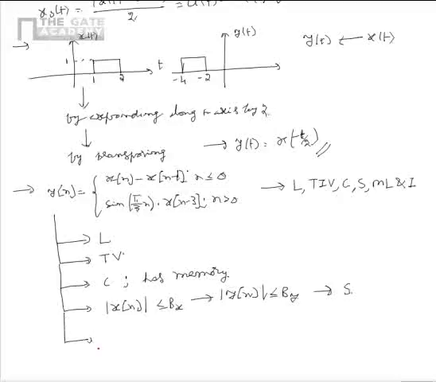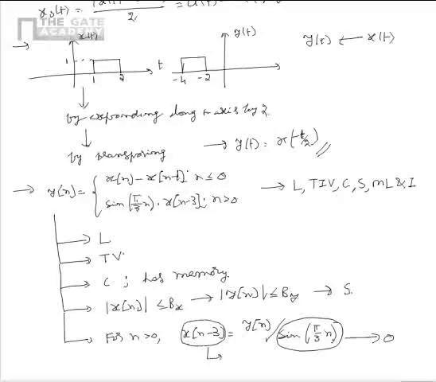Finally, we can say that for n greater than 0, the input x of n minus 3 cannot be recovered from the output y of n using the relation x of n minus 3 is equal to y of n divided by sine of pi by 3n. This is because sine of pi by 3n would be 0 for some values of n. So because of which x of n minus 3 would tend to infinity.